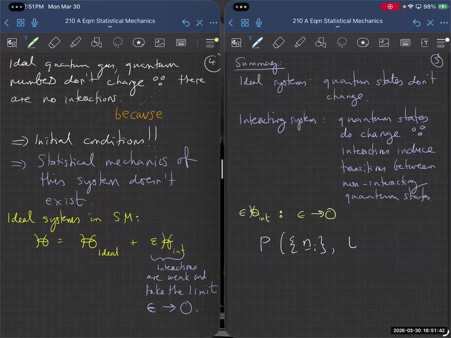We want that to happen as time goes to infinity. And we want to compute this in the limit as epsilon tends to 0. Okay, so the goal of statistical mechanics is to compute this object. That's what we want to compute.